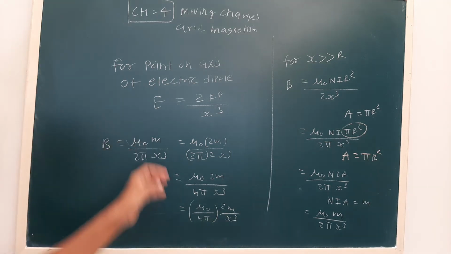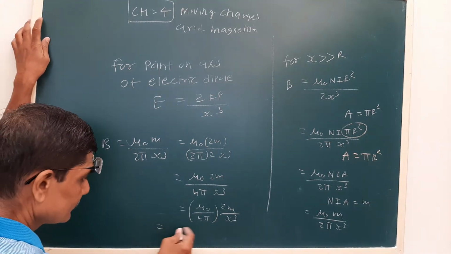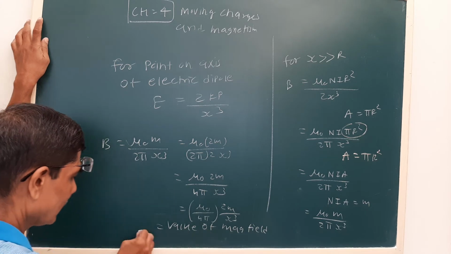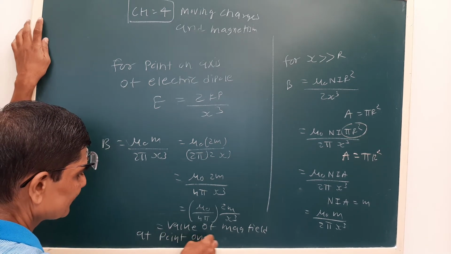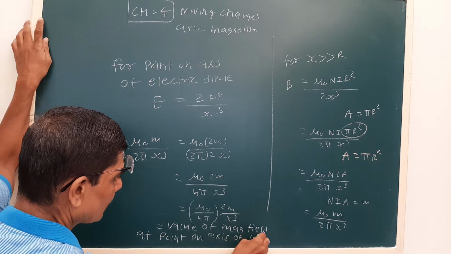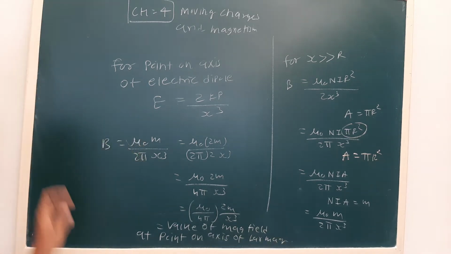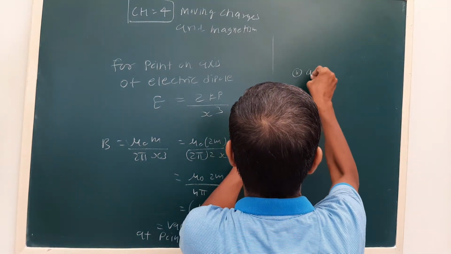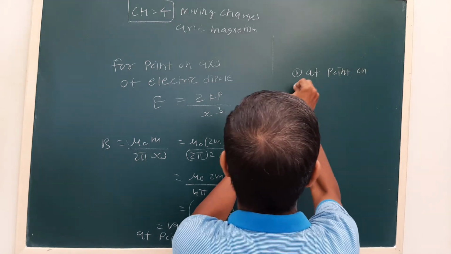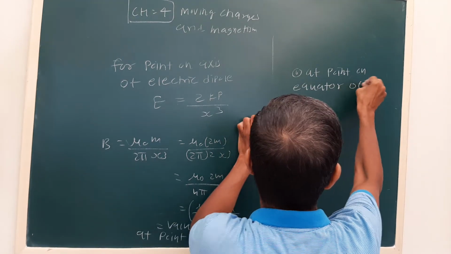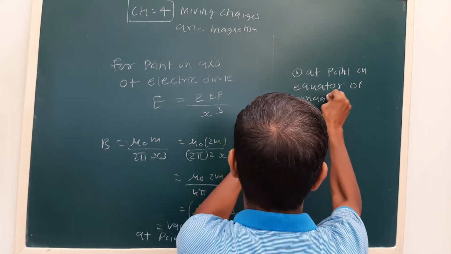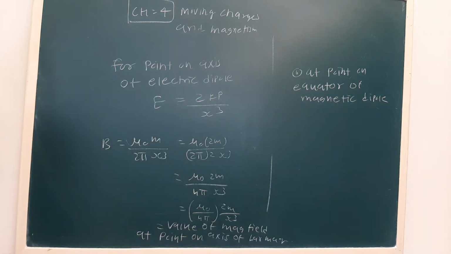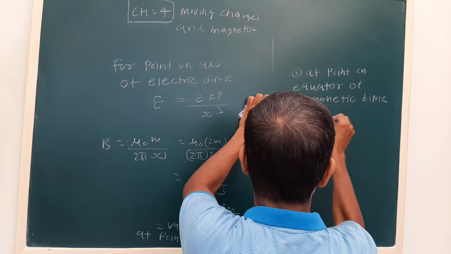Okay, we can see some analogy here. So the value of the magnetic field at a point on the axis of a bar magnet, similarly at a point on the equator, okay, so a bar magnet can be a magnetic dipole, so it will be mu 0 upon 4 pi.